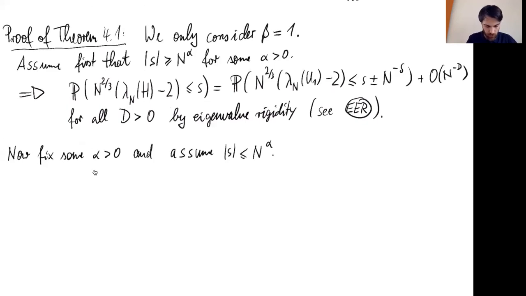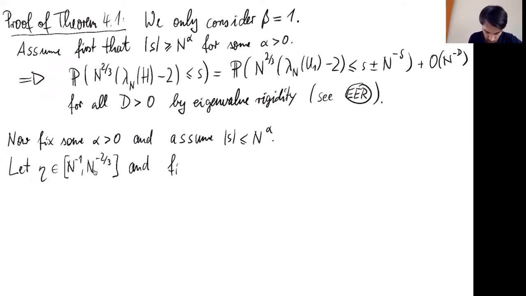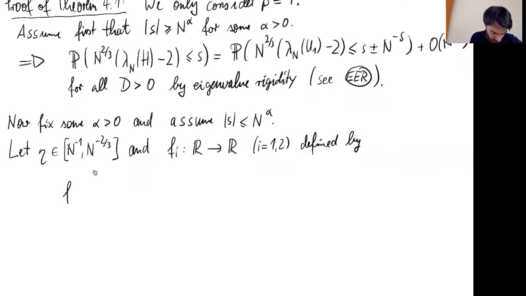Okay, so in order to do that, we first fix a scale eta, which I will choose later. It will be between n to the minus 1, which is the spacing in the bulk, and n to the minus 2/3, which is the spacing at the edge. And we take functions f i, which are defined as follows. It's some kind of natural smoothed-out indicator function.